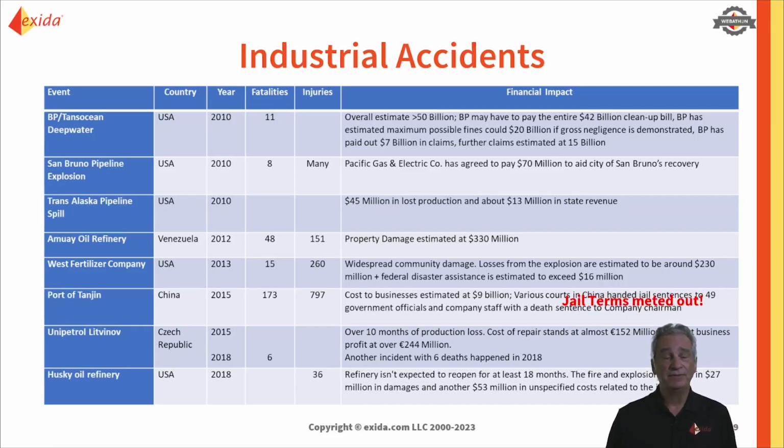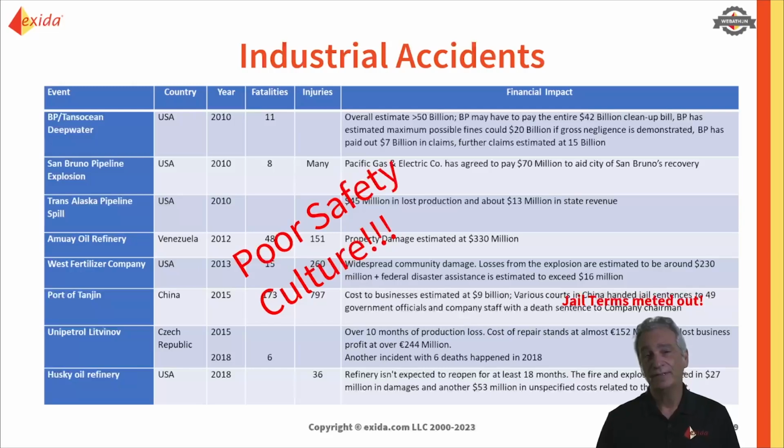And all of these, when you look at them, come down to one simple fact, that there was a poor safety culture. And as I said, culture has to come from the top, has to be top-down driven, and if that's not there, then it's very difficult to implement any of those life cycle requirements effectively, let alone trying to do all three.